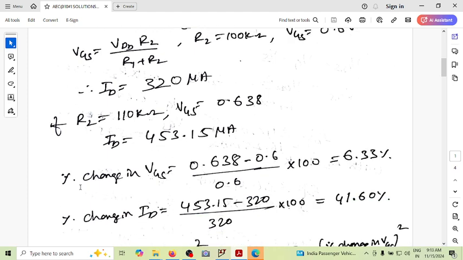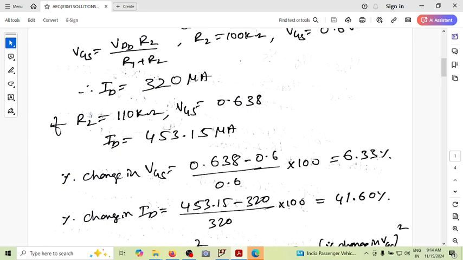So that's what we are trying to see, what is the percentage change in VGS. As the value of R2 changes from 100k to 110k, there is a 10% change in the value of R2. That results in 6.33% change in the value of VGS, which is obvious here. What we are doing is the higher voltage minus 0.6 divided by 0.6.